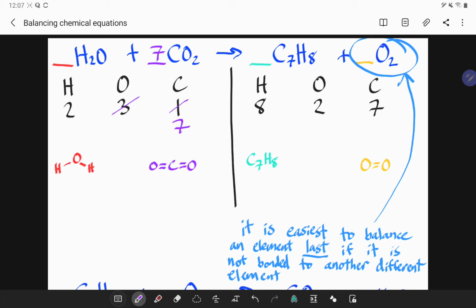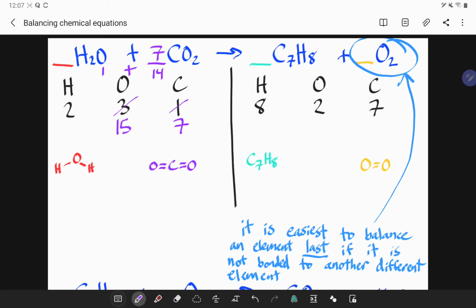By putting a 7 there, I still have 1 oxygen right here, plus now I have 7 times 2, which is 14 more oxygens right here. This is still a 7 for carbons, but for oxygens, this is no longer 3, we now have 15 oxygens.